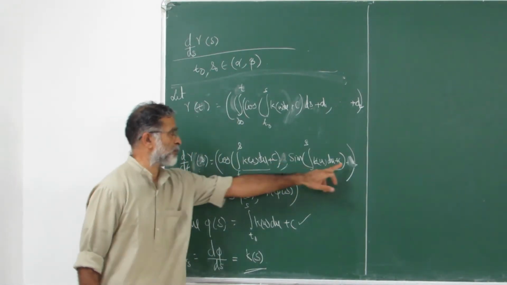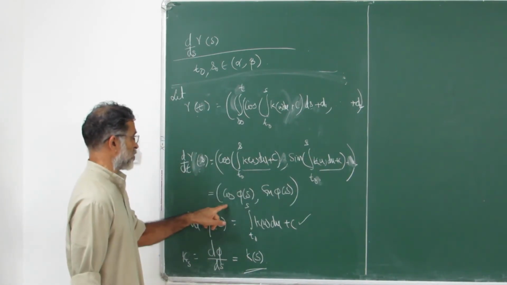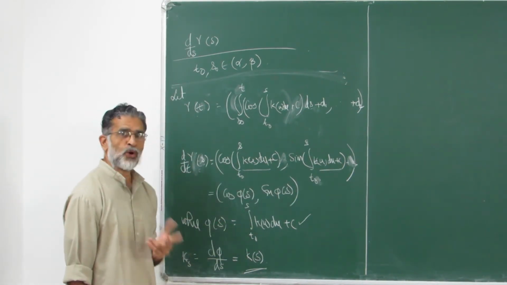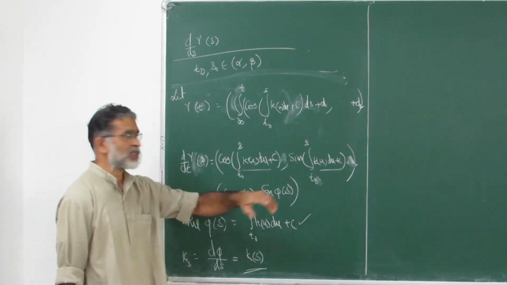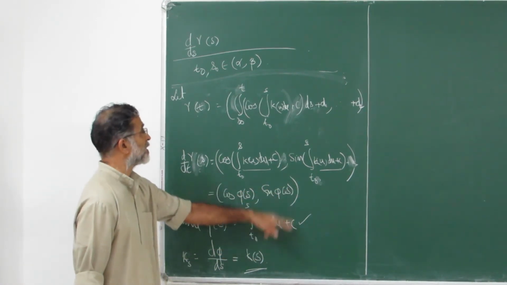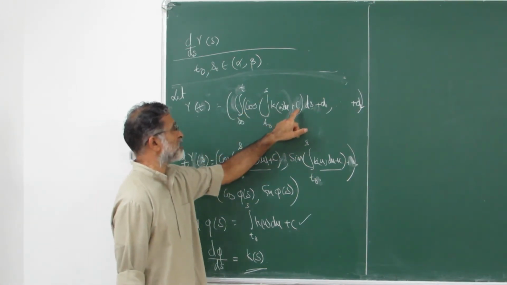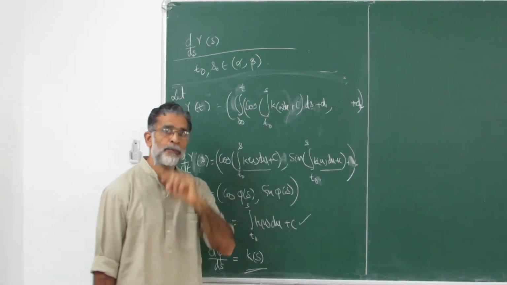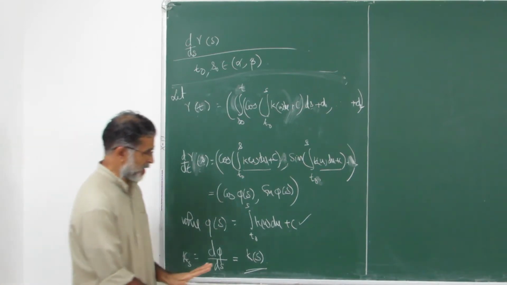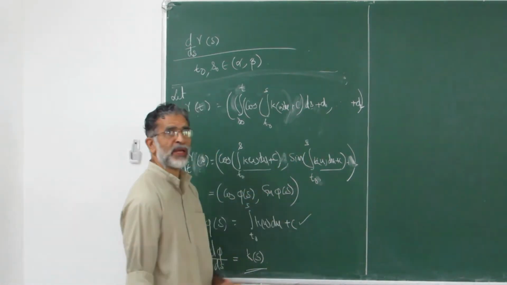The d1 will disappear, and you get this. So there are two constants involved. One is the constant that we have got here. In this integration, you put one more constant, d1 and d2. Because it's subject to these two constants only, we can get this.